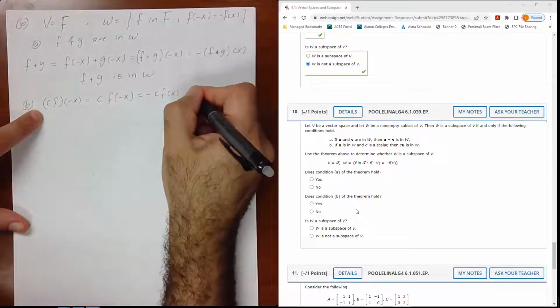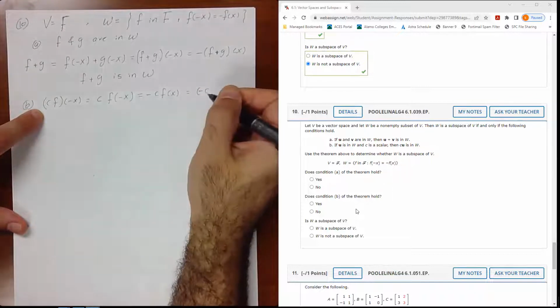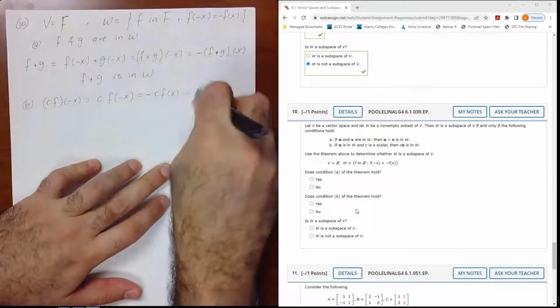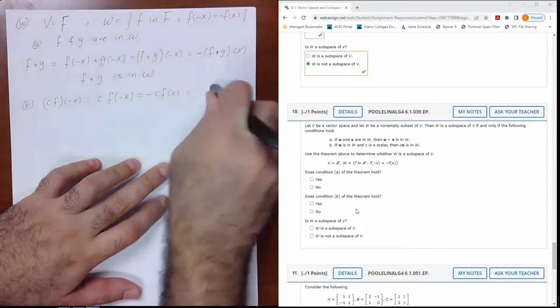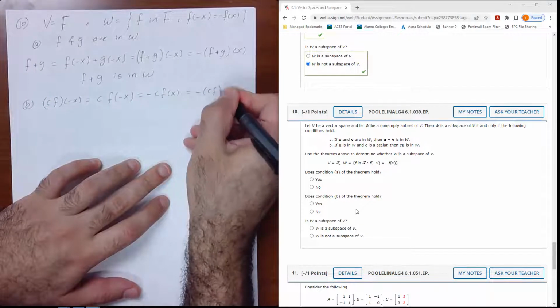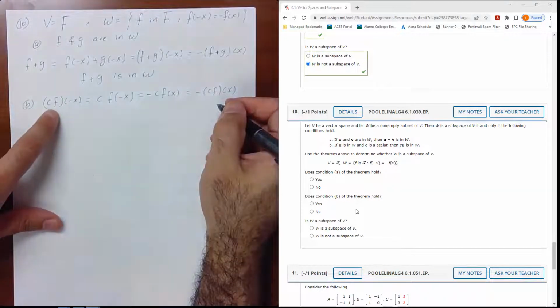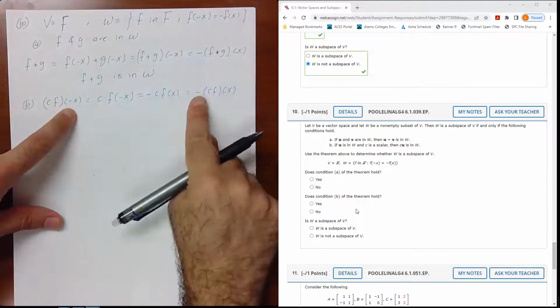And you can keep the negative out, it's going to be negative c times f of x. That means cf of negative x is going to be negative cf of x.